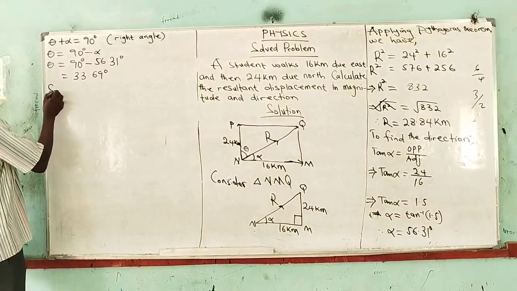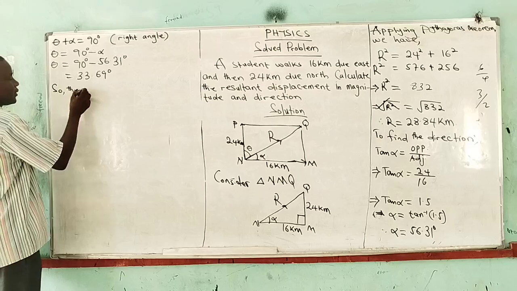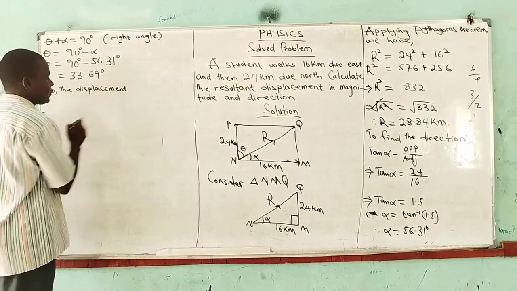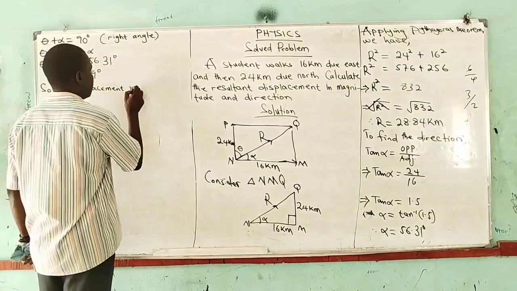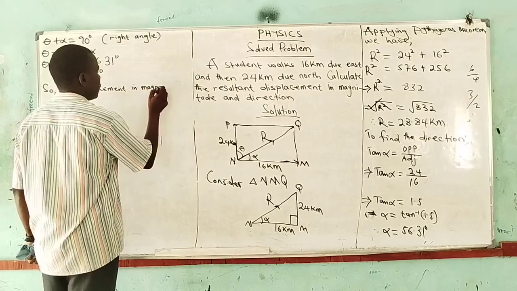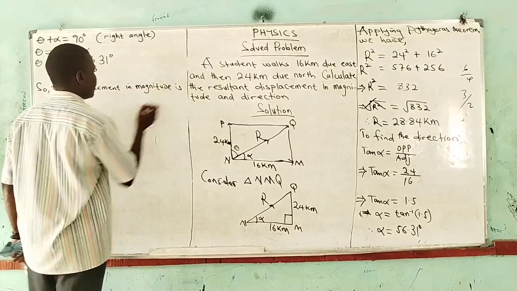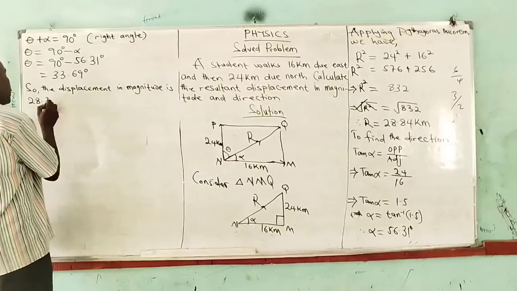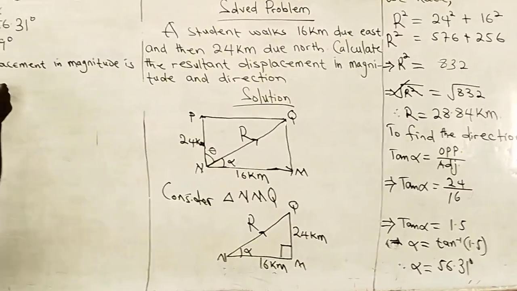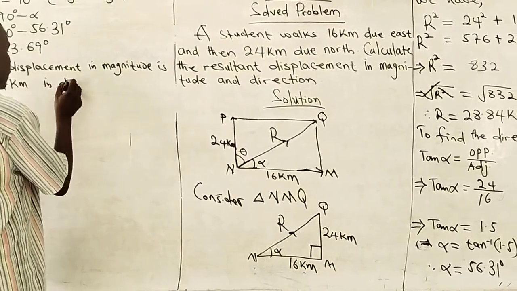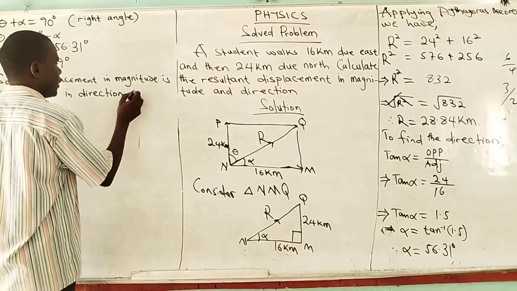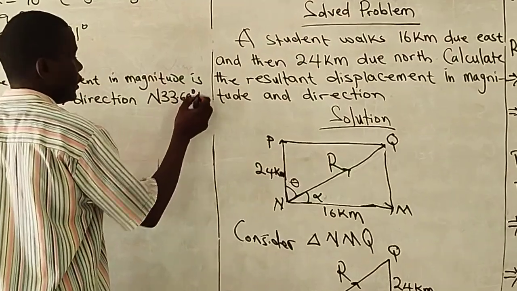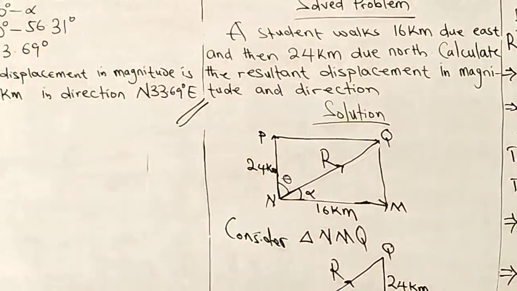So the displacement in magnitude is 28.84 kilometers, in the direction of 33.69 degrees east of north.